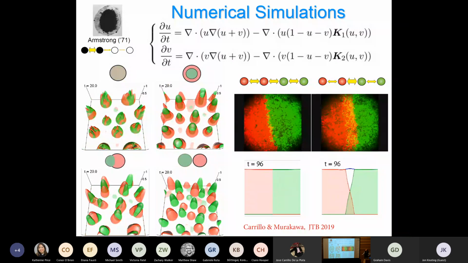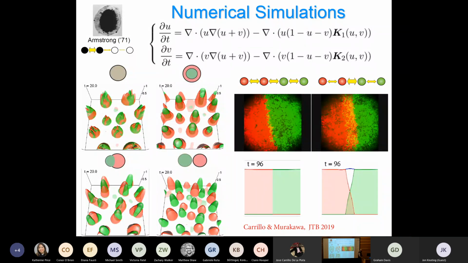And here they are separating, and finally they are segregated. So this kind of complicated phenomena can happen with a very simple, at the end of the day, system of PDEs, partial differential equations, that is not that complicated and is able to capture all these different phenomena.